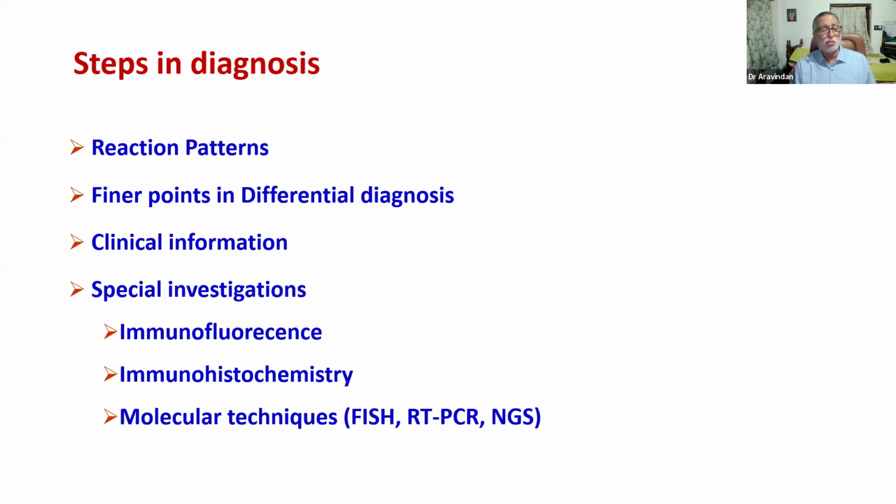Without proper clinical information, you should never make a dermatological diagnosis. Then, if needed, special investigations, particularly immunofluorescence in vesicular bullous and vasculitic lesions, sometimes immunohistochemistry, not so much in inflammatory lesions, more in tumors. Molecular techniques, particularly in certain kinds of infections.